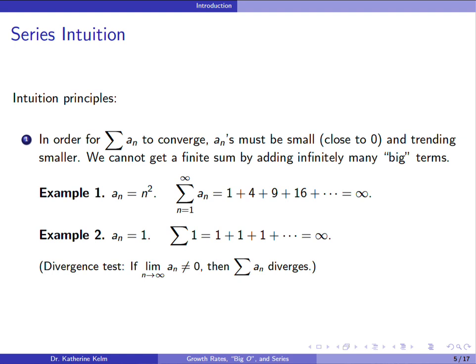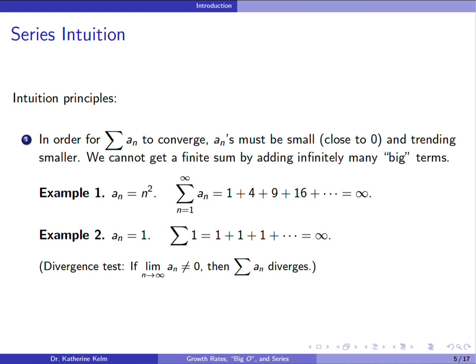If you've studied the divergence test, this is what the divergence test says. If the limit as n goes to infinity of an is not 0, then the series diverges. So the divergence test makes rigorous this intuitive idea that in order to converge, the terms of the series must be getting closer and closer to 0 rapidly.